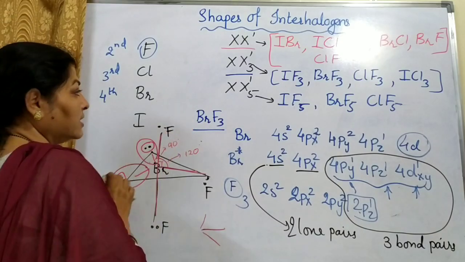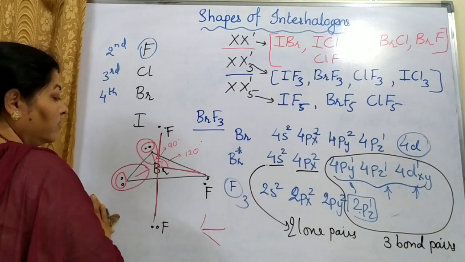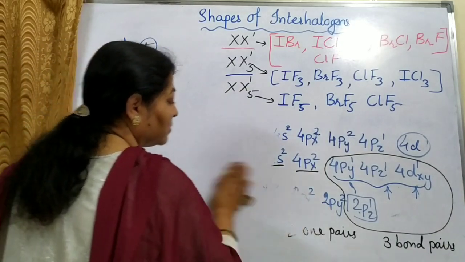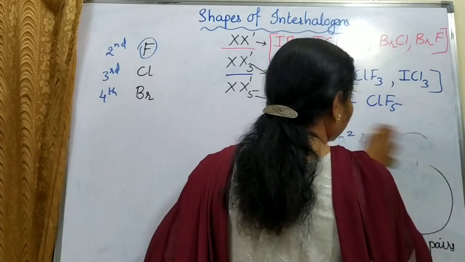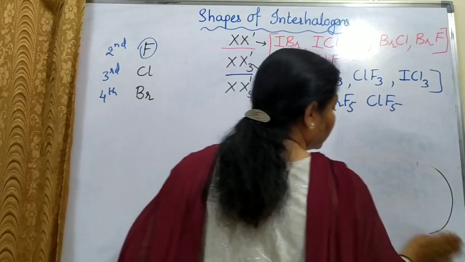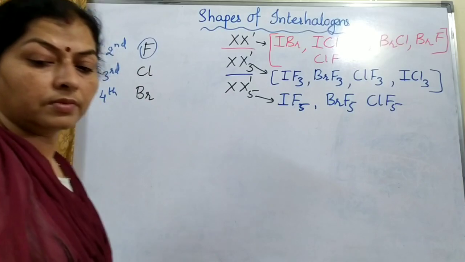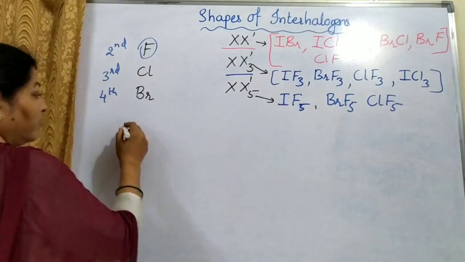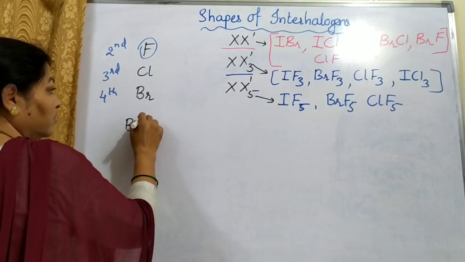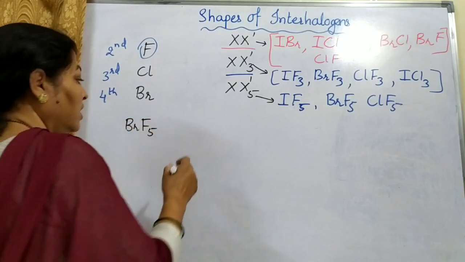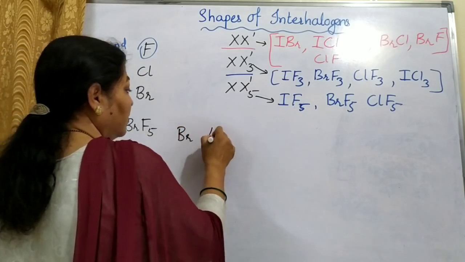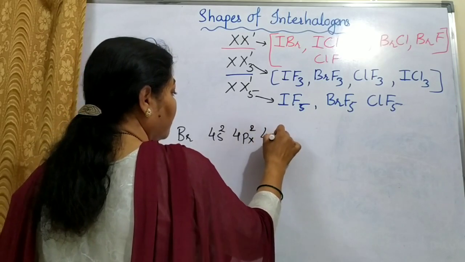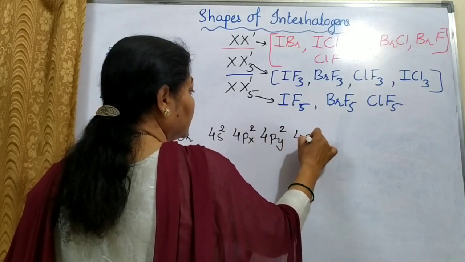Okay. Now let us see the next case, X X'5. In this, again let us take BrF5. Here again the Br configuration we will write as 4s2, 4px2, 4py2 and 4pz1.